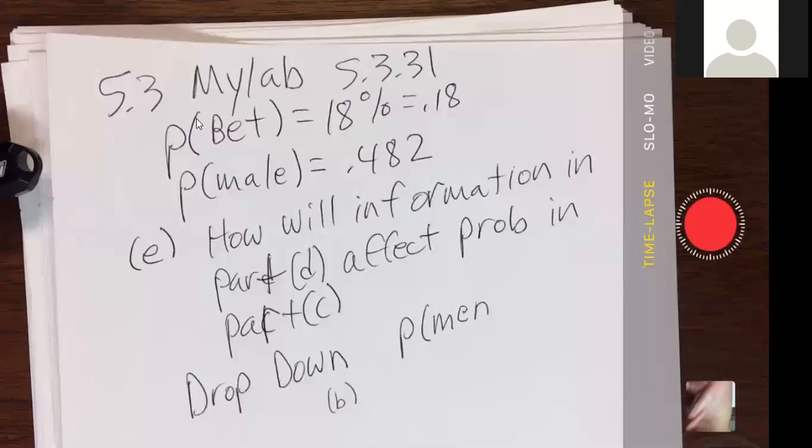But this one continues to part E: how will information in part D affect the probability you compete in part C? They want you to type something. You can't just click on something? You have to work some numbers out, some probability numbers.